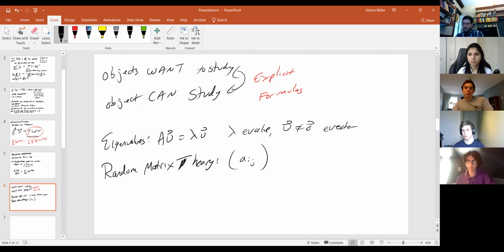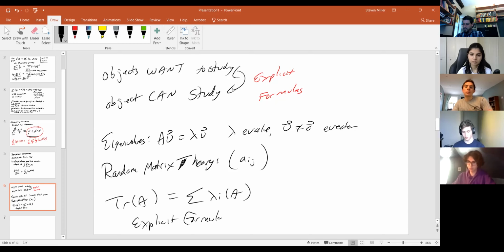And so what we'll see later is the trace of A is equal to the sum of the eigenvalues of A. And this is an example of an explicit formula. This is the eigenvalue trace lemma. And in fact, more is true. The trace of A to the k is the sum of the eigenvalues to the kth power.